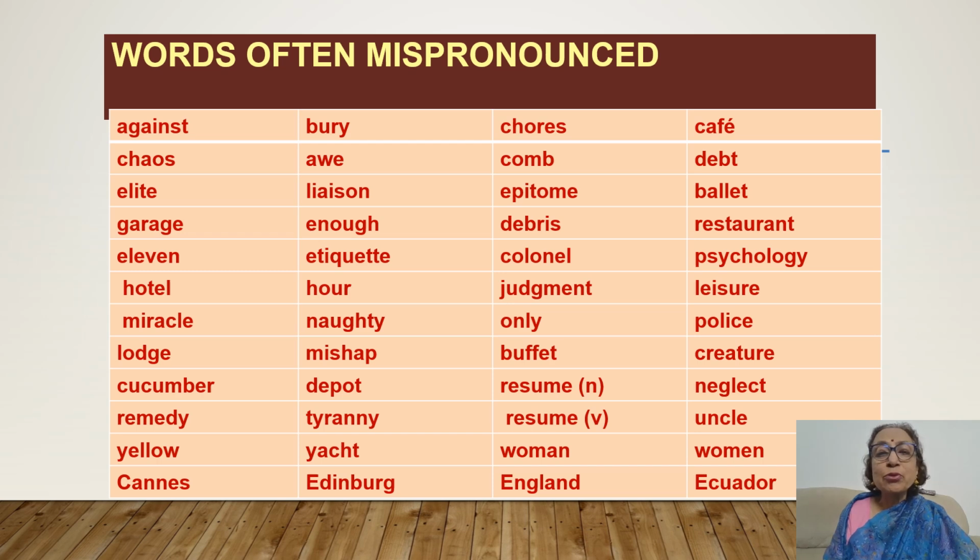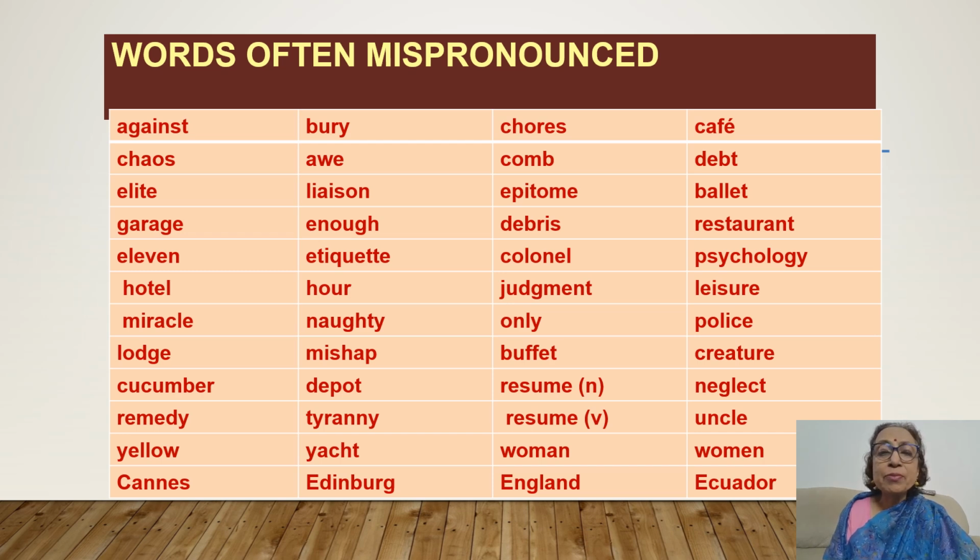chores. Now you remember chaos. CH is written in chaos, it's pronounced as K. Here CH is written, it's pronounced as in chores. Comb, epitome, epitome is also pronounced. Debris, kernel.